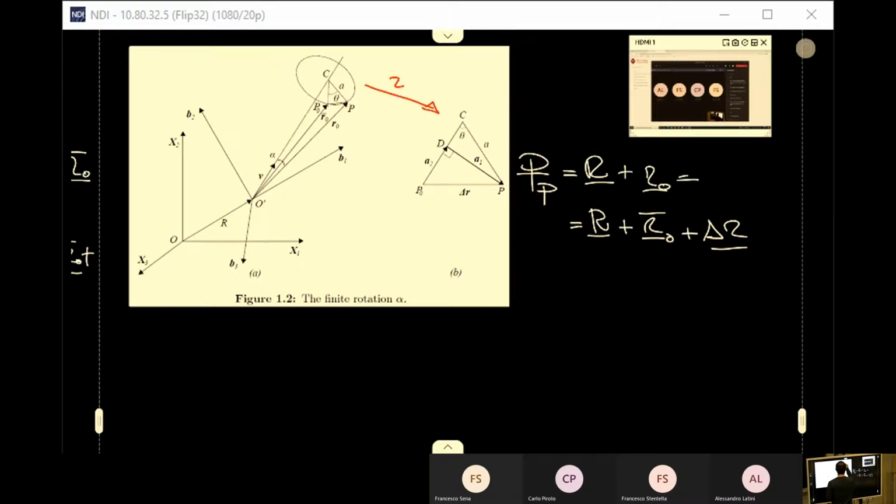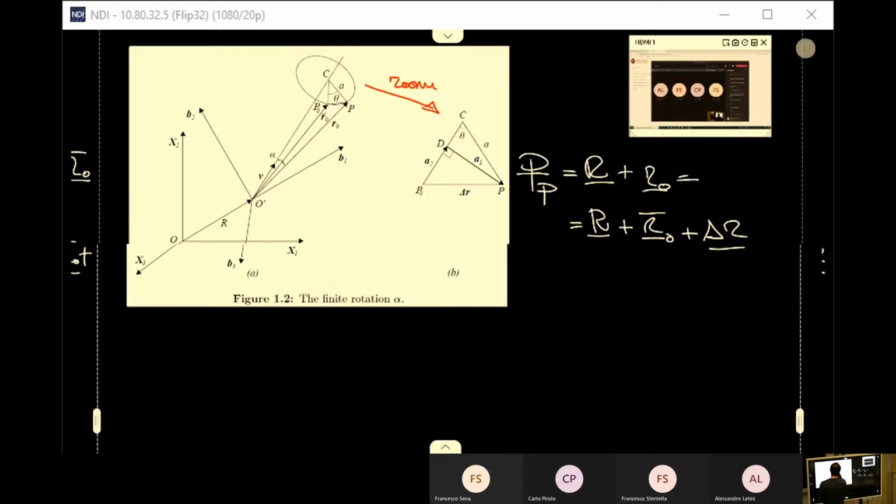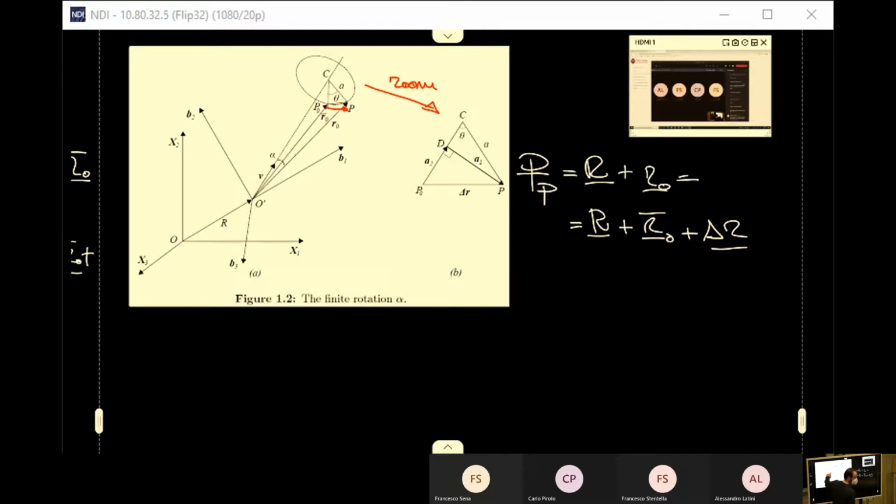So this is a zoom. And this, going from P0 to P, you can describe as a rotation about the axis O prime C, which is completely defined by the unit vector V. So P0 moves about the axis O prime C and goes from P0 to P, describing the angle theta.